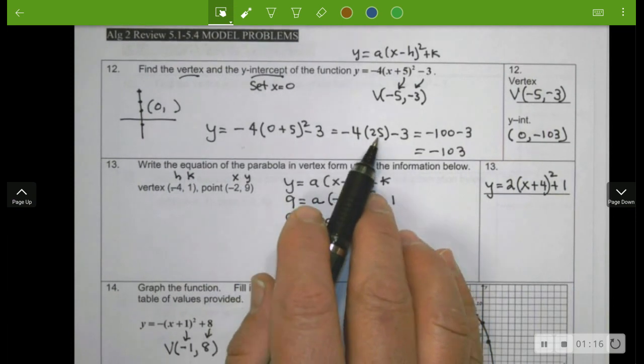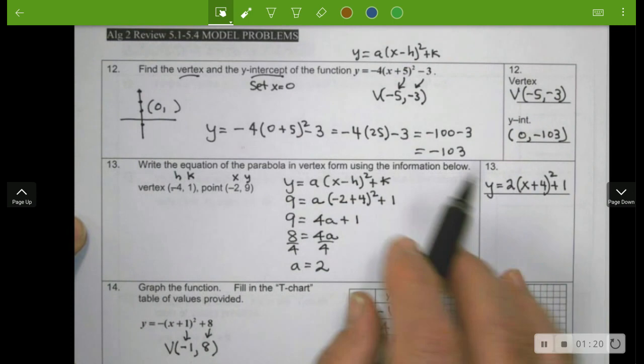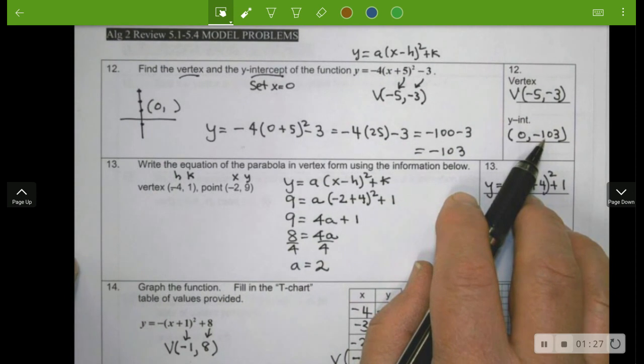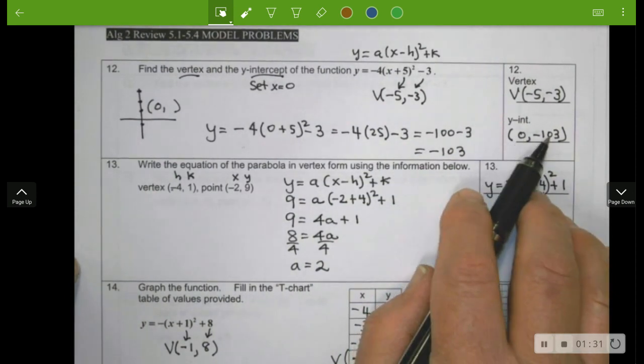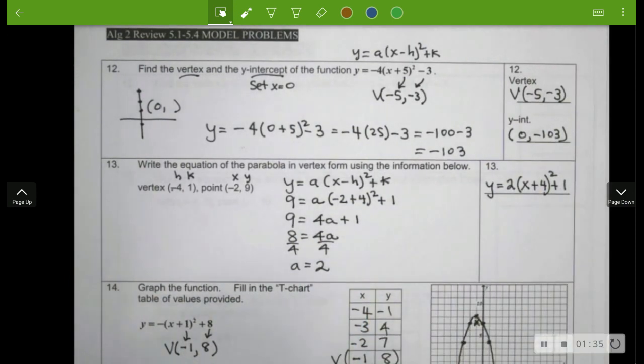Negative 4 times 25 would come next, and adding them together, you've got your y-intercept of negative 103. You can just write y equals negative 103, or maybe the better way to do it is to say 0 for x, negative 103 for y, and that is incidentally way down below the origin when you graph it.